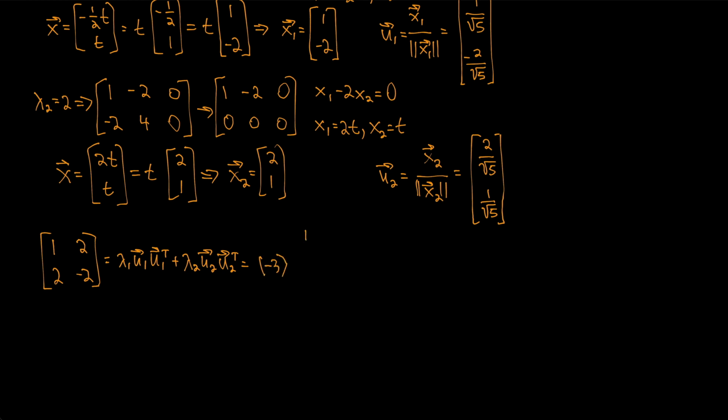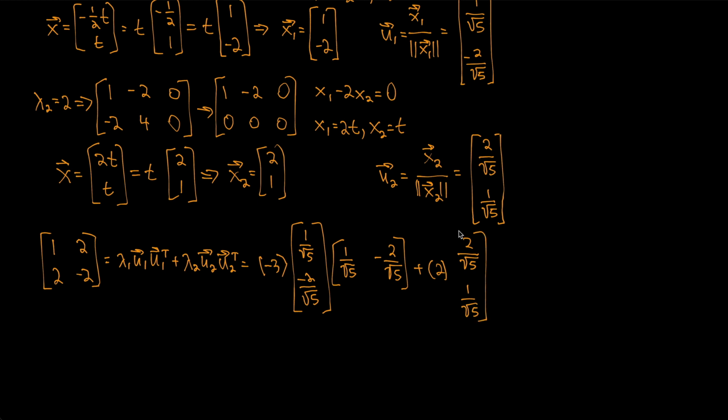So that'll multiply by (1 over root 5, minus 2 over root 5) for u1 and transpose that. So that's 1 over root 5, minus 2 over root 5, and add that to 2 times, because the other eigenvalue was 2, and the other orthonormal vector was (2 over root 5, 1 over root 5), and then again (2 over root 5, 1 over root 5) transposed.